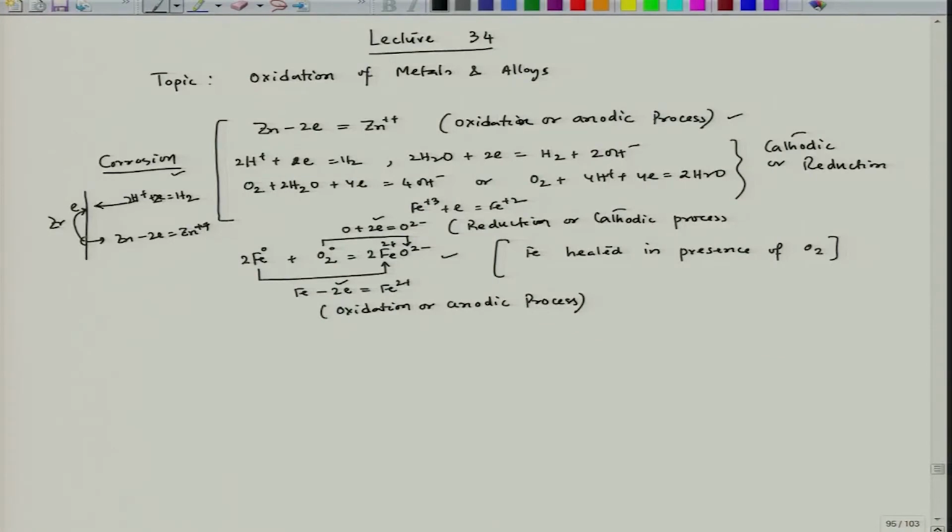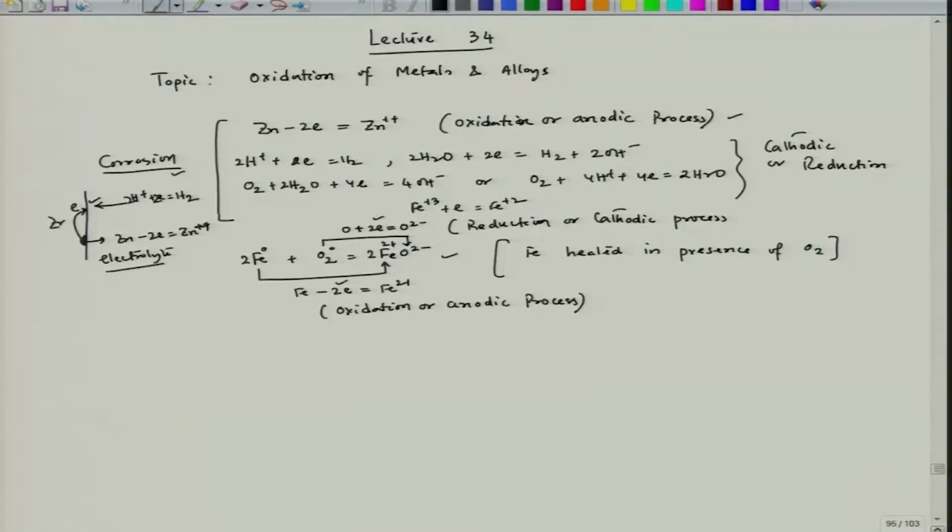So, this place we have dissolution and this place we have cathodic reaction, and the electrolyte is acting as a medium where zinc ion is going as well as hydrogen ion is migrating.